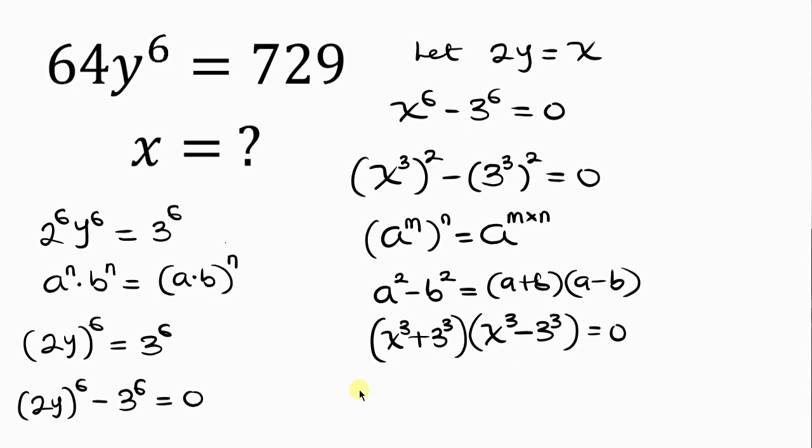We have the first case, which is x cubed plus 3 cubed to be equal to 0. So this is going to be our first case. Then our second case will be x cubed minus 3 cubed equal to 0. So we're going to be solving this one after the other. But first, we're going to be starting with this. Let's do that in the next slide.